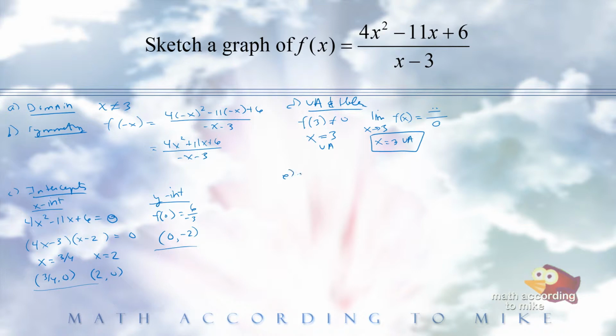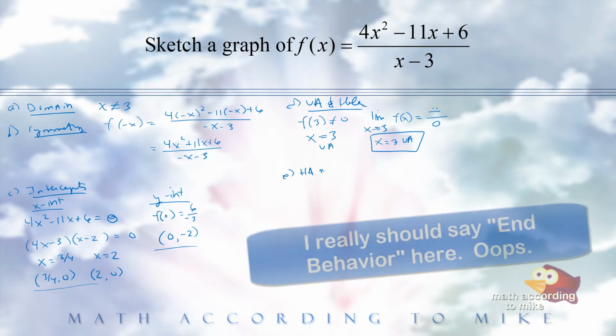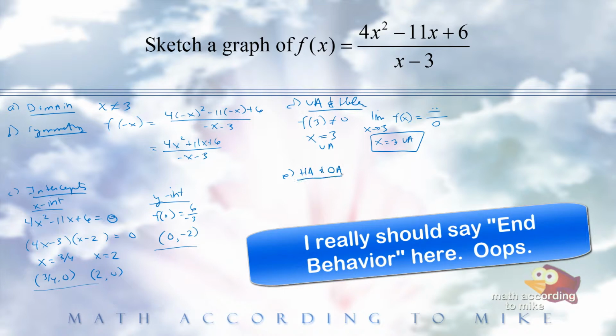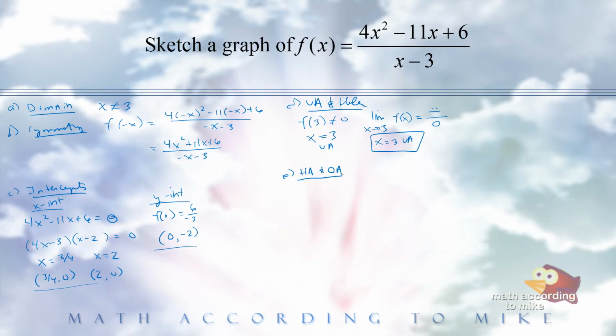E, horizontal and oblique asymptotes. If the degree of the numerator is 1 more than the denominator, then you have an oblique asymptote. To find it, what we have to do is rewrite our function.